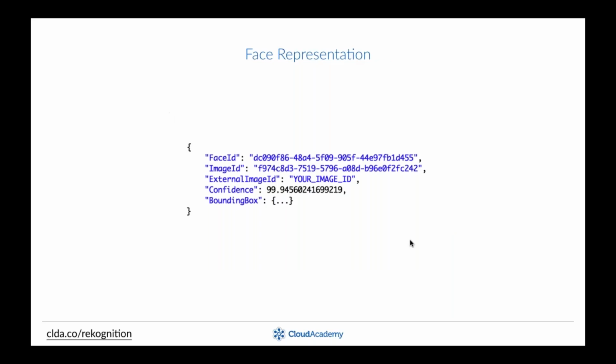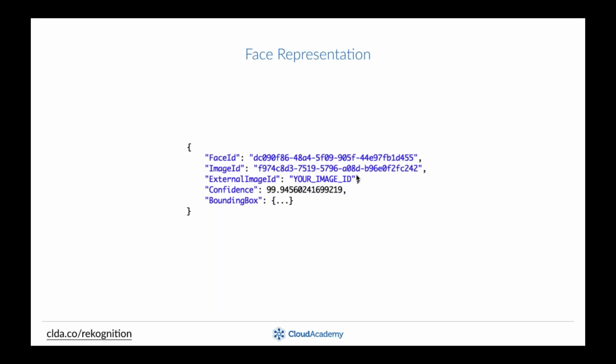So this is the representation of an image inside a collection, and you will see a face ID automatically generated by the API, an image ID generated again by Amazon Rekognition. And this is the interesting part, the external image ID, which if you don't provide it, it will be generated, but you can provide it, and you can build some sort of reverse index here with your own image. Why is that needed? Because the Rekognition API never ever stores your images.